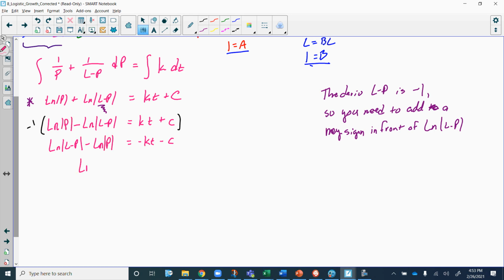Now we'll go ahead and condense our logarithms. So I'll have natural log of L minus P over P equals negative KT minus C. I keep writing the wrong thing, or vice versa.